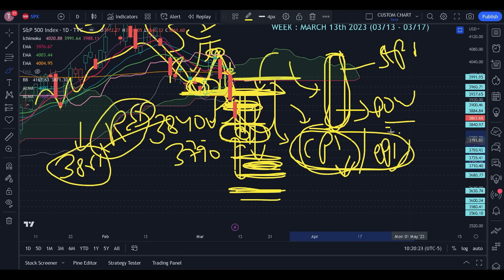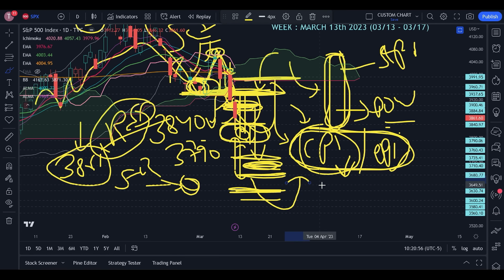If you are my YouTube community member, then I will tell you exactly what kind of movement we are expecting, and when exactly, whether Wednesday, Thursday or Friday, we will see the stochastic RSI hitting the absolute zero. Because whenever it hits the absolute zero, a bullish reversal will be there. Technically, a bullish reversal will be there in this picture.